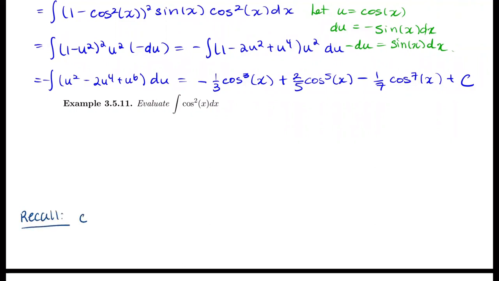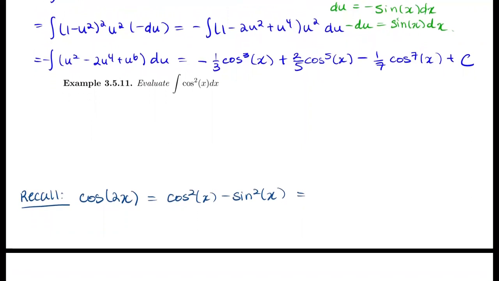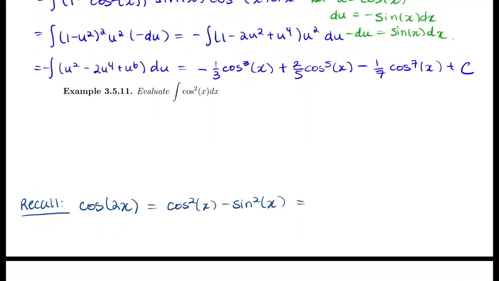We have cos of 2x. This is also the same as cos squared of x minus sine squared of x. But this is also the same as 2 cos squared of x minus 1.